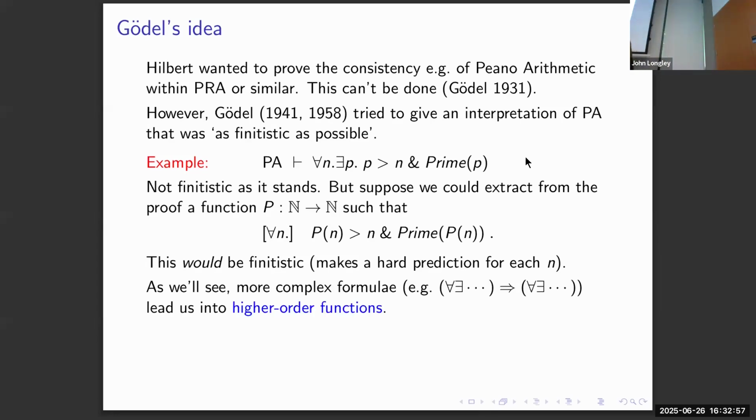Okay, so here we've just got an ordinary function p on the natural numbers. But now the idea is that if you move up to more complex formulae, for instance, a formula of this for-all-exists form on the left of an implication, maybe applying to another one, and you try to extract some kind of operation from this, then what you're likely to get is some operation which takes as its argument a witness for this for-all-exists thing.